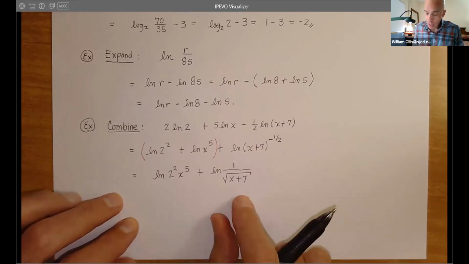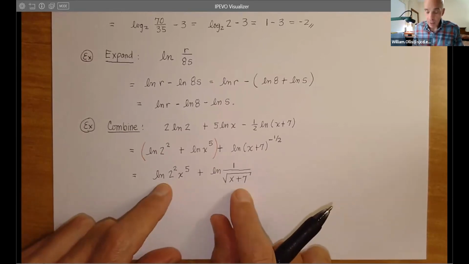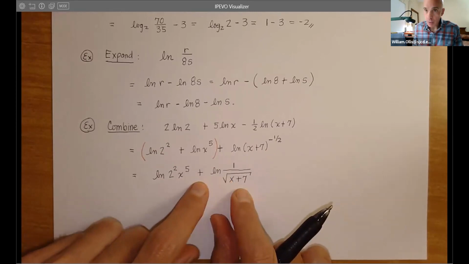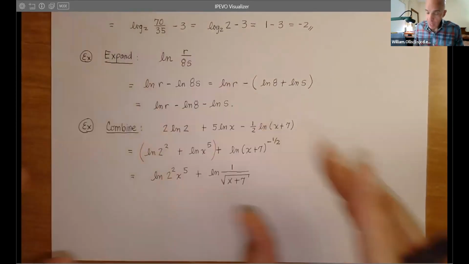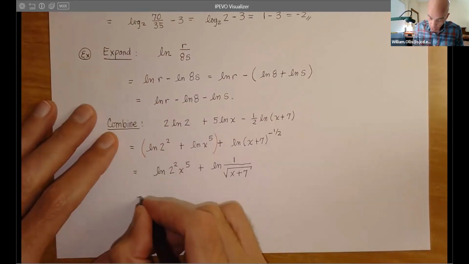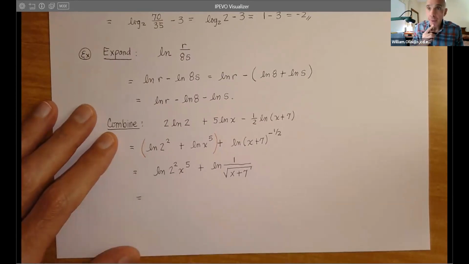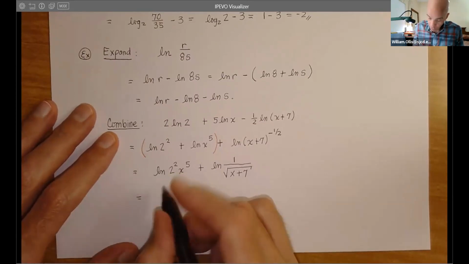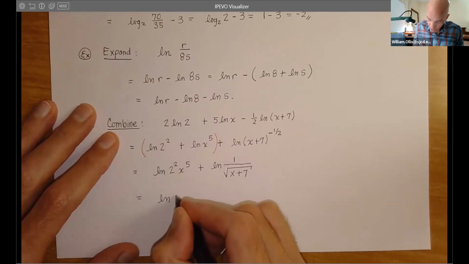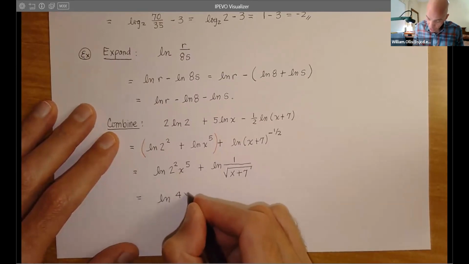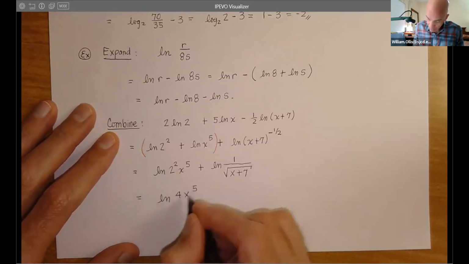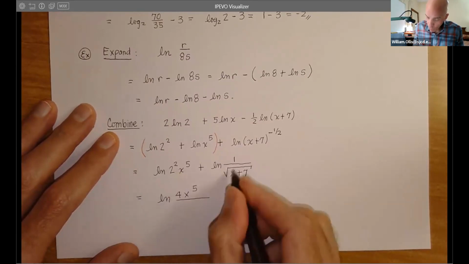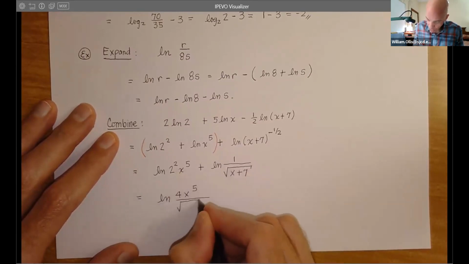And so now we have the log and the log in sum, which again we can bring together as the log of a product. And of course, if you like, you can write 2 squared is 4. So we have 4 x to the 5th times 1 over this, which we can just bring into the denominator.